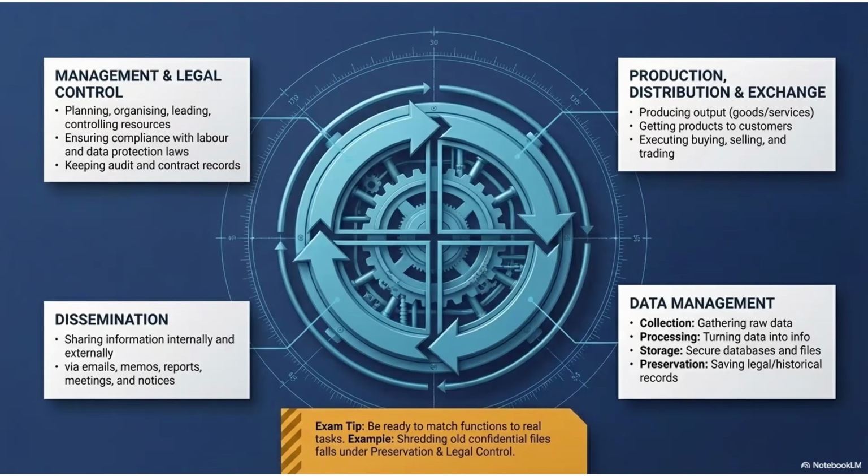So in some instances, it is a legal requirement to keep the information. Or in some instances, they just keep it so they can use it to make decisions later on. That's one of the main things of offices, right? Data management. Collect data, process it, give meaning to the data, so they turn it into information. They store and preserve it.